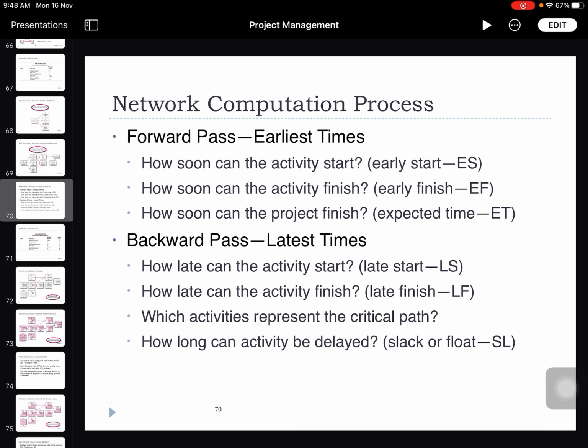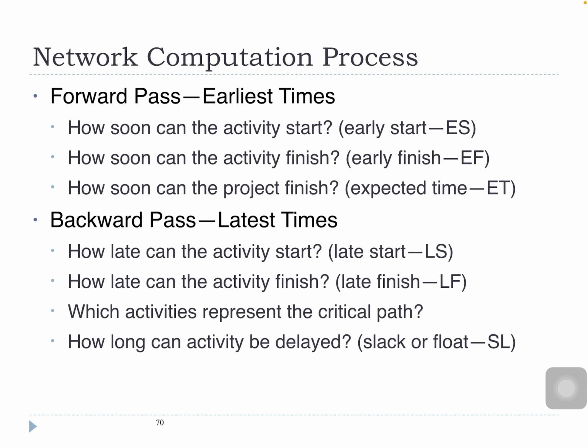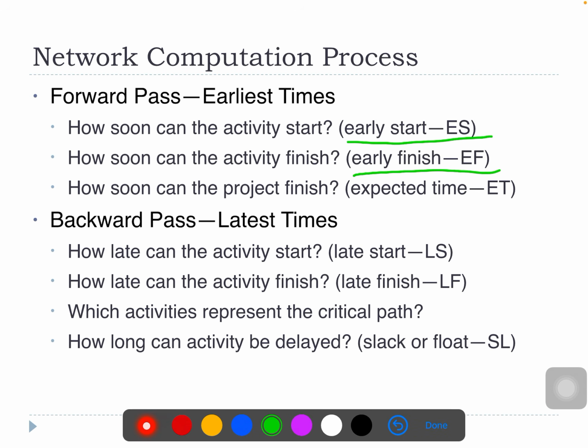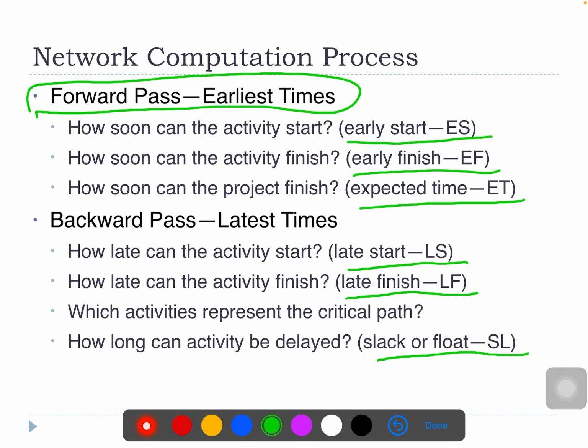Early start is ES. Early finish is EF. And ET is expected time. Late start is LS, late finish is LF, and slack time or float is SL. If you want to find the earliest time, you use a forward pass.